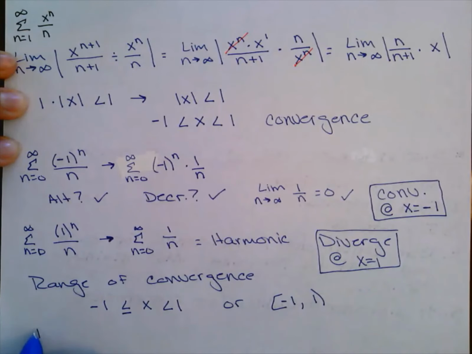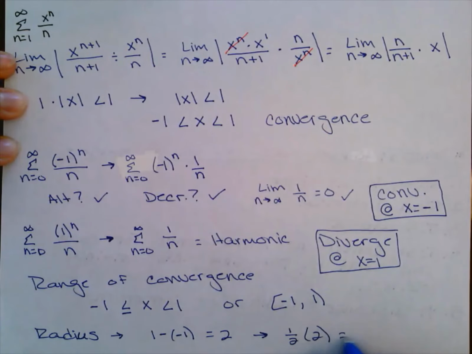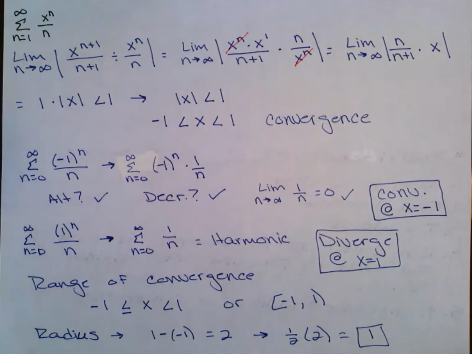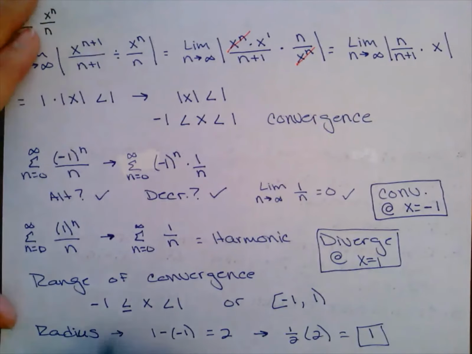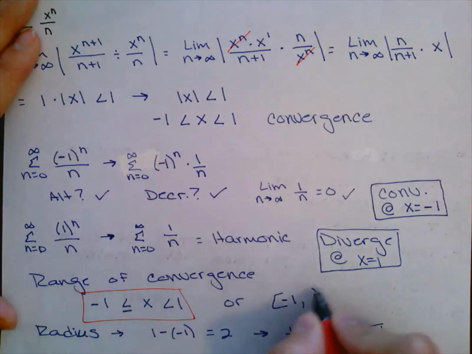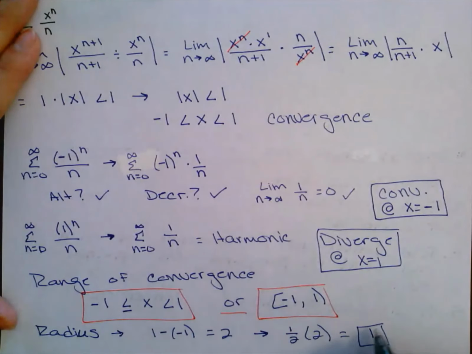And then my radius of convergence, well, from -1 to 1, we can say 1 minus that -1 gives me 2, and then we know that half of that is my radius, which gives me 1. So 1 is my radius of convergence here, okay? And that is my final answer. Again, this one or this one, and then my radius is 1.